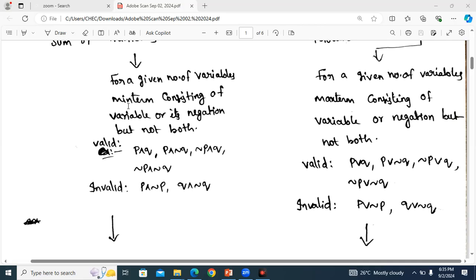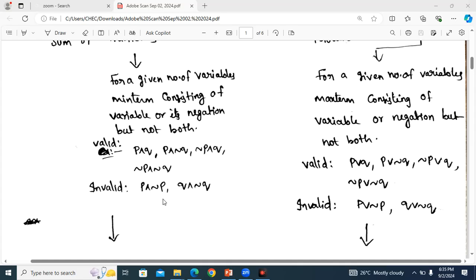A min term consists of a variable or its negation, but not both. A conjunction of a variable and its negation does not represent a min term, which is why it is in the invalid list. P and negation P, Q and negation Q are elementary products but not min terms.